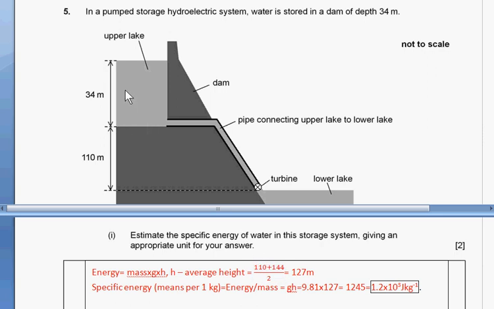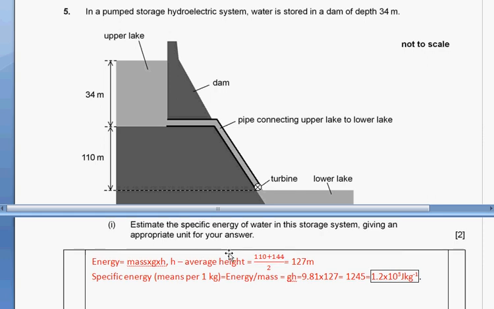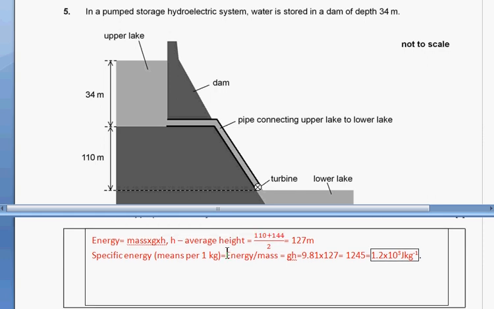So the center of mass is at the height of 127. So we use this in our formula for mgh. We get mgh divided by m, we get gh, and h we take as the average height. So this is the answer.